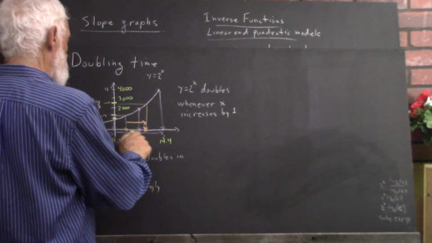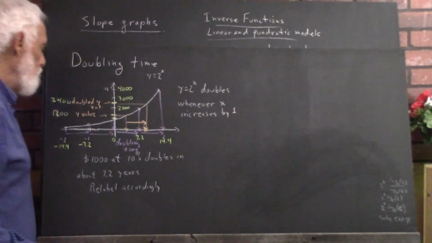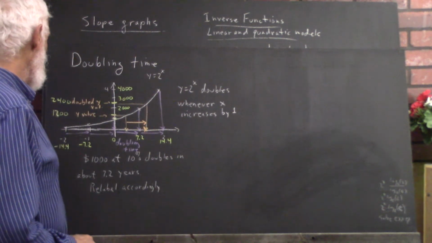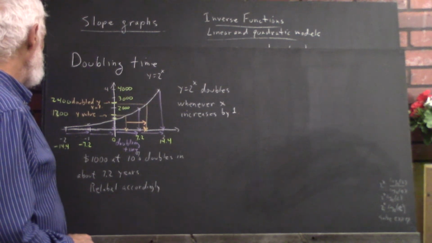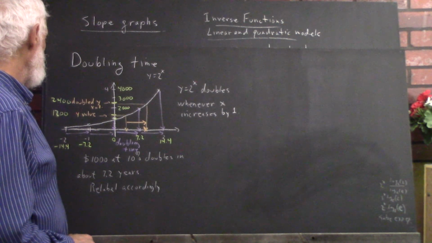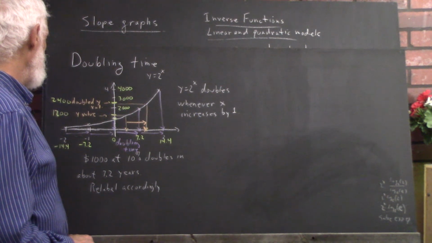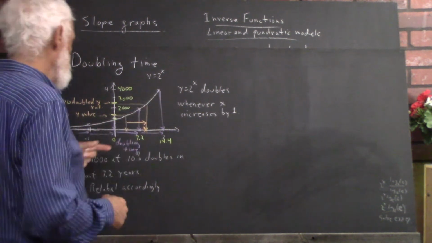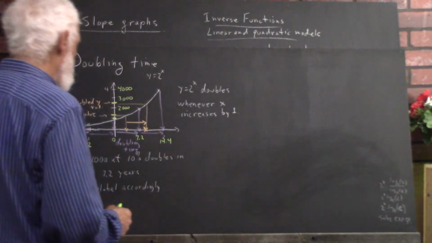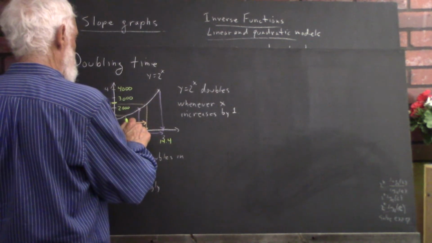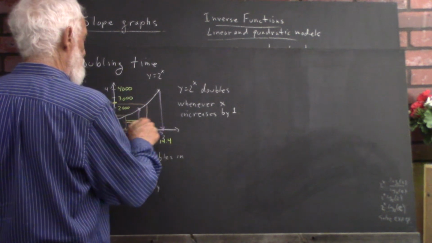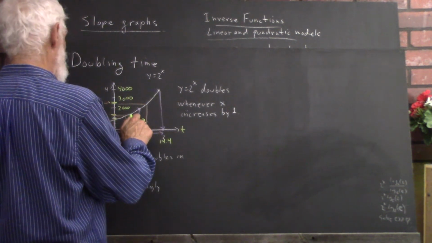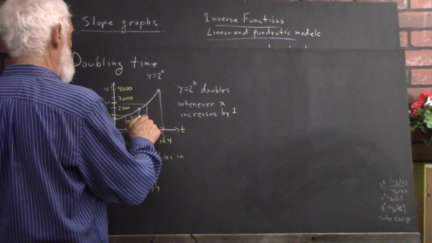So these 2 points would tell you when you hit 1,200 and when you hit 2,400. That is not all that accurate with the 1,200, but if you have an accurate graph, it'll work. And you're going to find that, again, the change in time here is about 7.2 years.